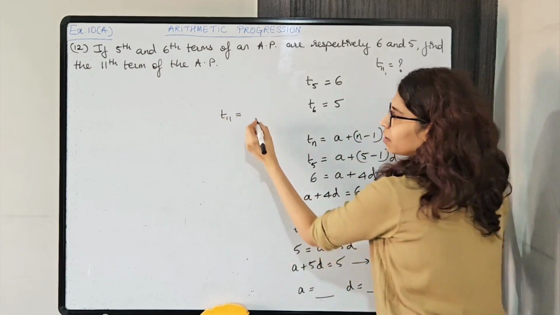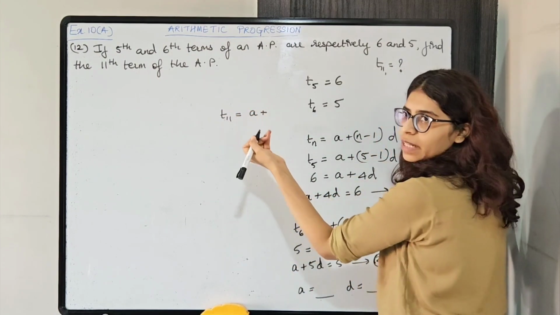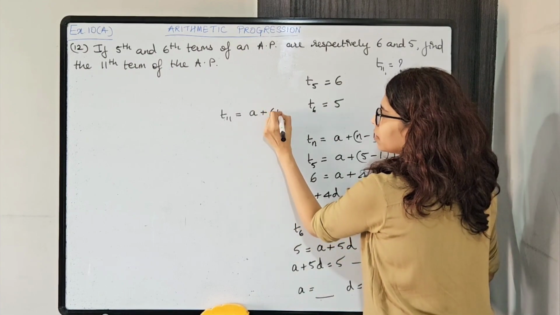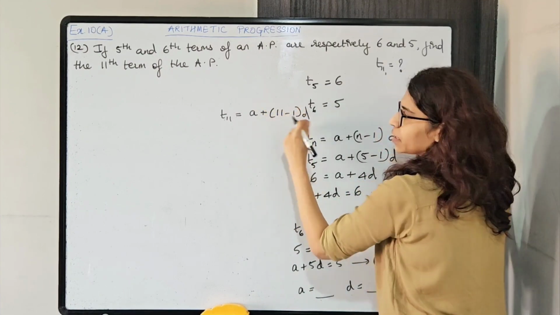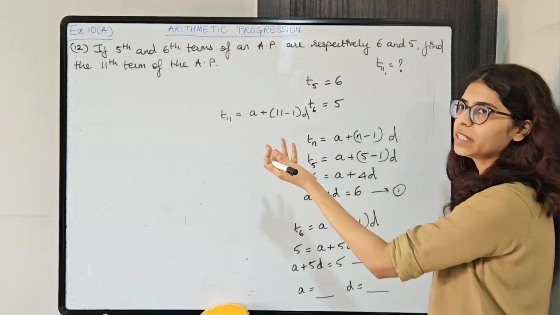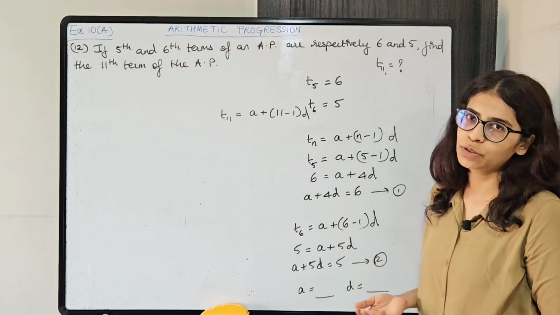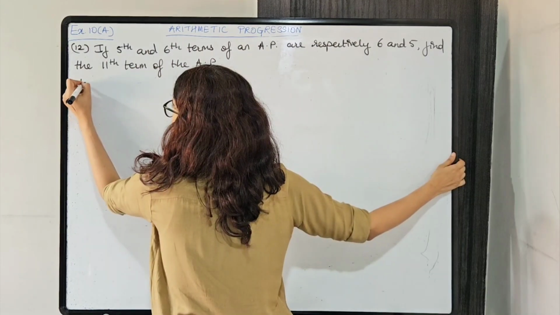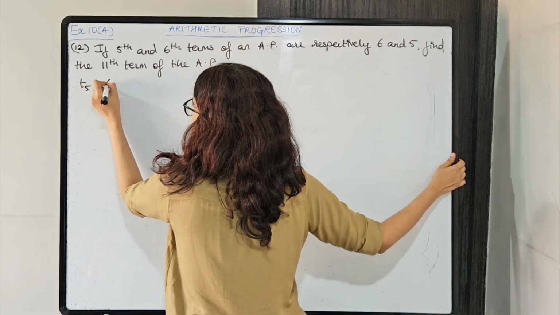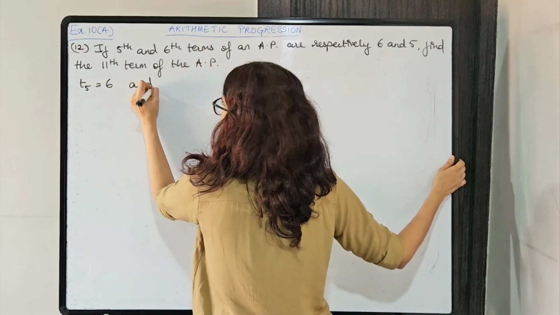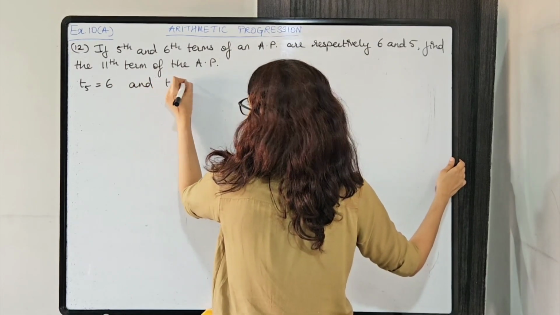Using the formula a plus (n minus 1)d, n will be 11, so 11 minus 1, d. Put the values of a and d, you will get the 11th term. Okay, so it's very easy. Let us solve now with proper steps. So the fifth term, that is T5, is equal to 6, and the sixth term, T6, is equal to 5.